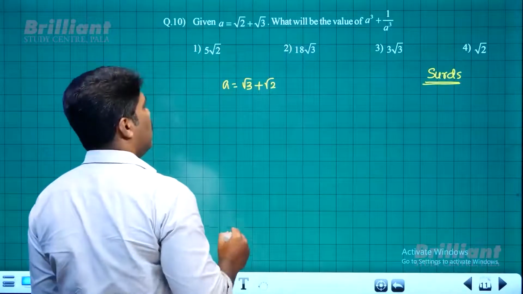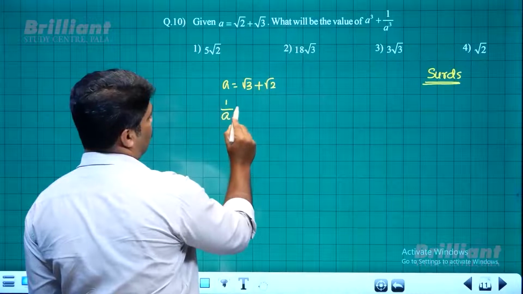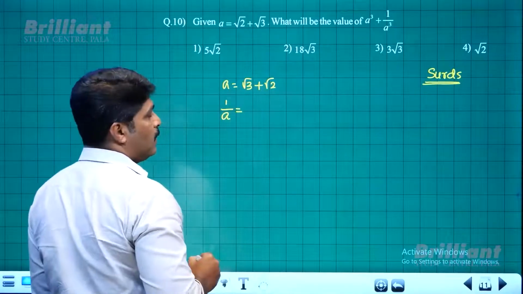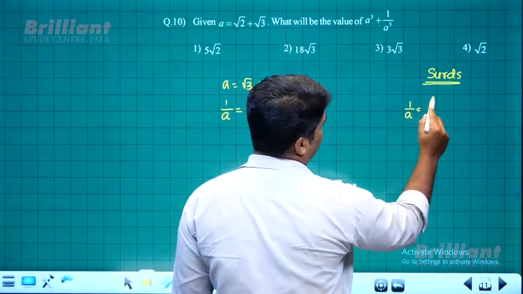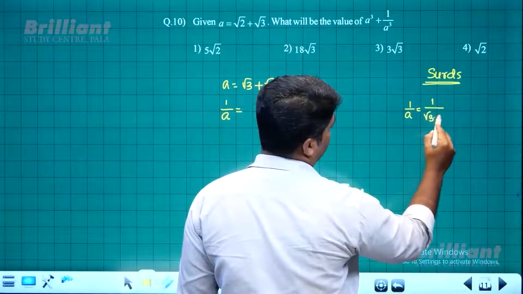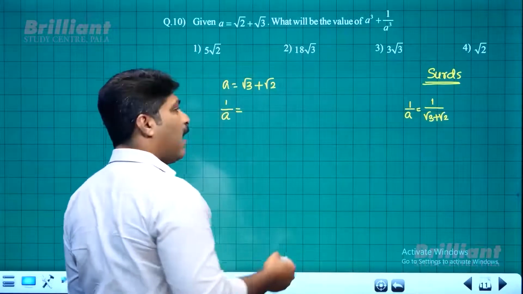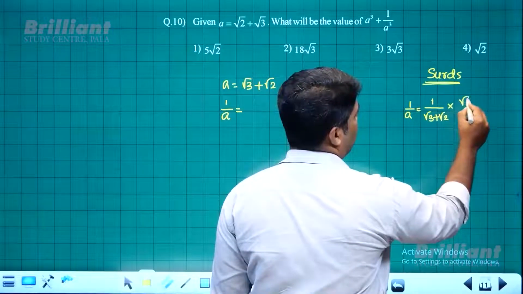Then we consider what is 1 by a. So 1 by a is nothing but the reciprocal of this value. So how do we find 1 by a? 1 by a means 1 by root 3 plus root 2. For rationalizing the denominator, we have to multiply the numerator and denominator by root 3 minus root 2.